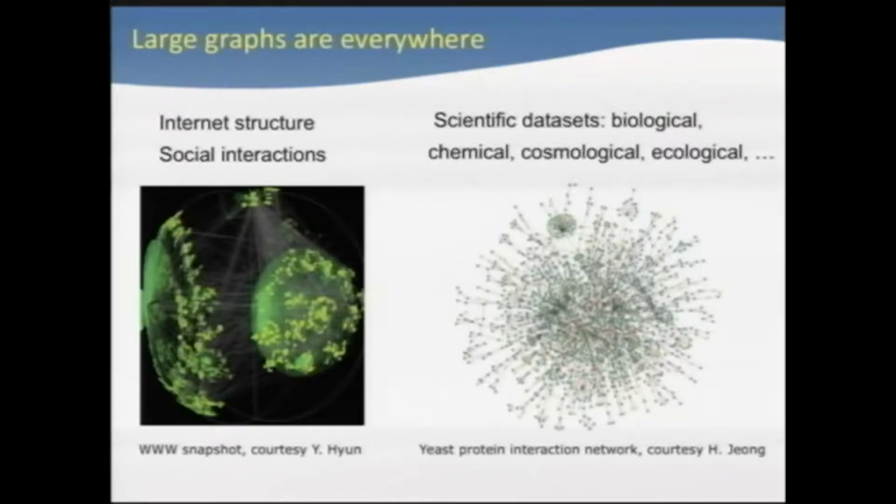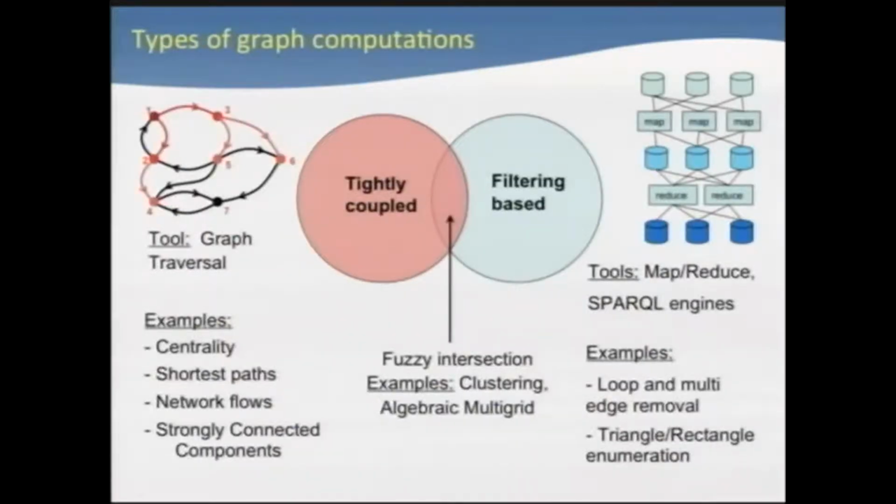And I would like to make a distinction in the beginning about why I'm not using MapReduce for these kinds of computations. It's very personal, very open to objection. So in my view of the world, I kind of loosely classify the graph computations into two classes.